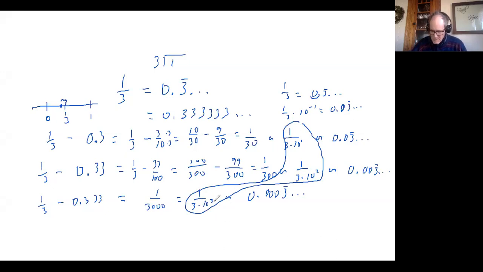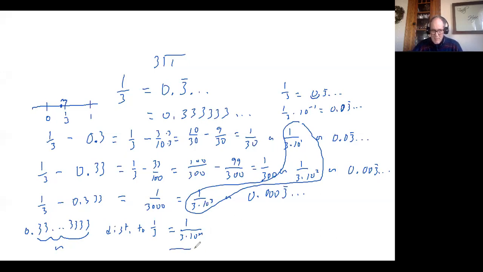So couldn't we say that if we used 0.3333 and say there were n digits of 3 here, so we've got n threes, the distance to 1/3 should equal 1 over 3 times 10 to the nth.